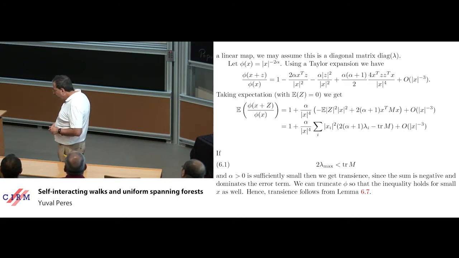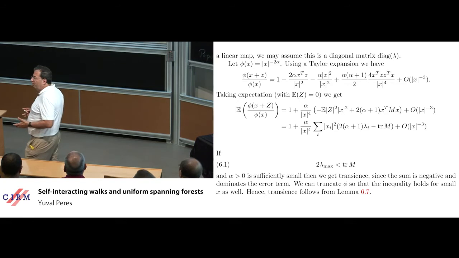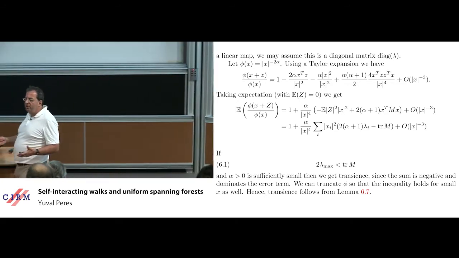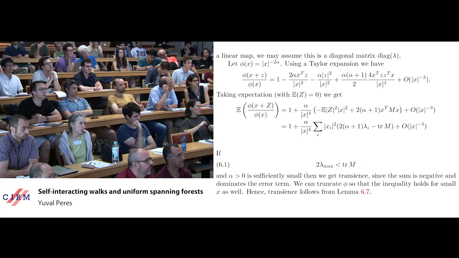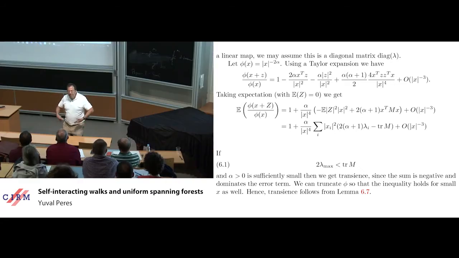Now, we know that for a standard random walk, even if the covariance matrix doesn't satisfy the condition, if we are using the same measure, it's still going to be transient.